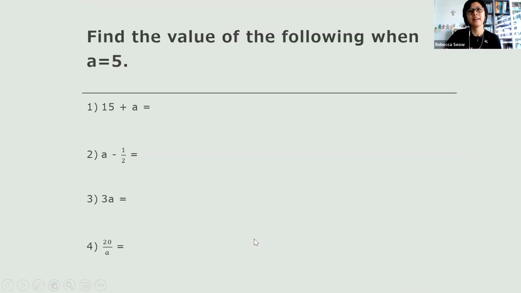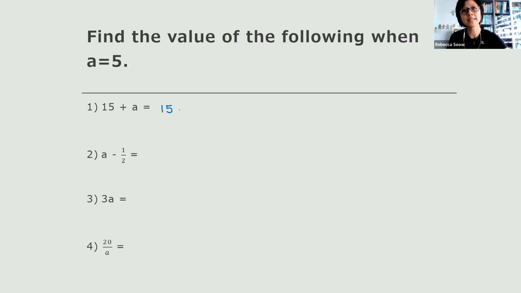Okay, now let's take a look. Now we try to find the value of the following questions when A is given a value of 5. So for question 1, we have 15 plus A. Now instead of the letter A, I'm going to write A as 5 because the question right at the top says A is equals to 5, right?